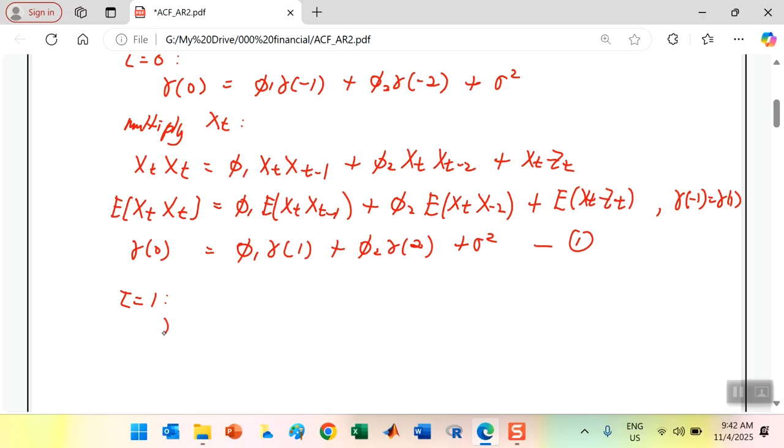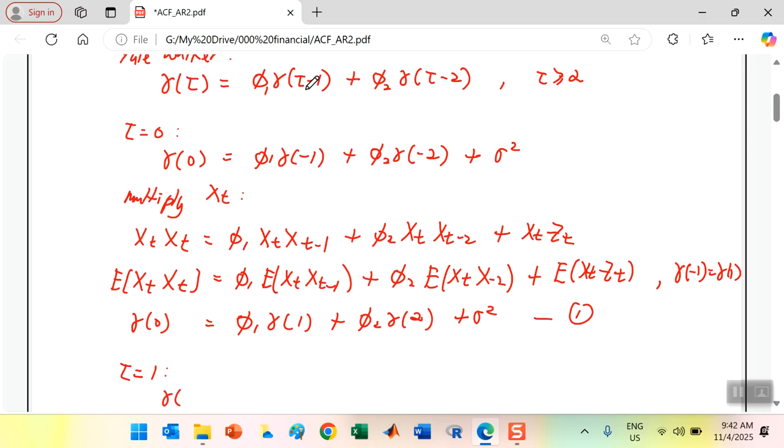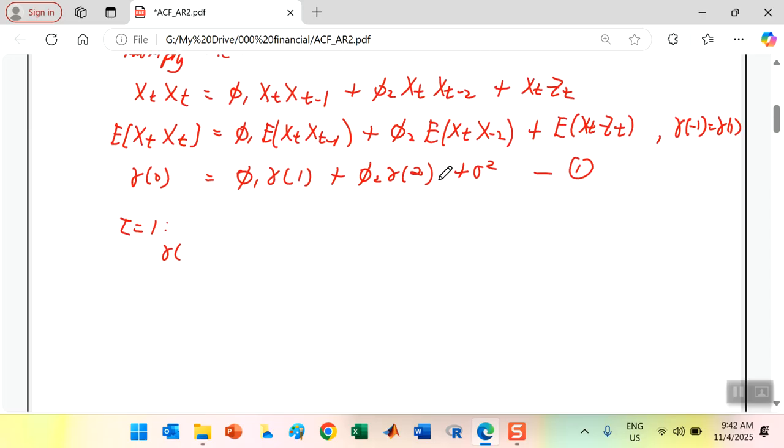So you have gamma 1 equal to phi 1 gamma 0, because 1 minus 1 is 0, plus phi 2 gamma minus 1, because 1 minus 2 is minus 1, and minus 1 and plus 1 are the same.